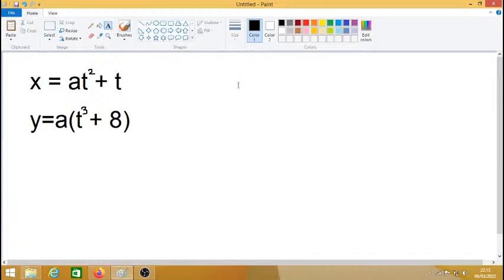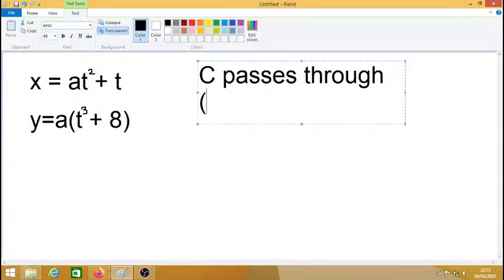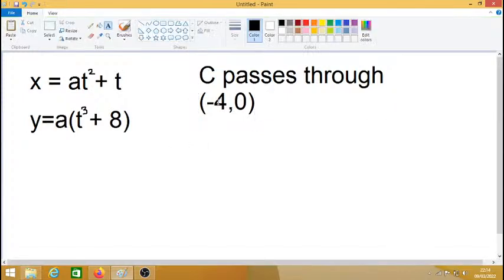You are told that the curve C passes through the point with x coordinate -4 and y coordinate 0, and that's enough information to figure out the missing constant.